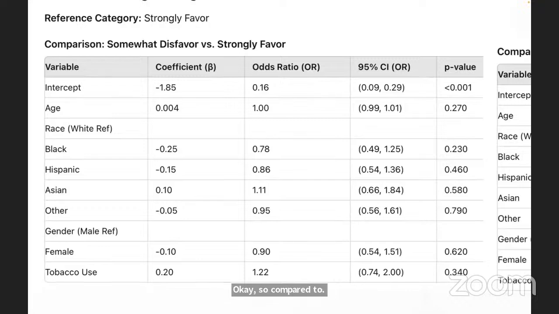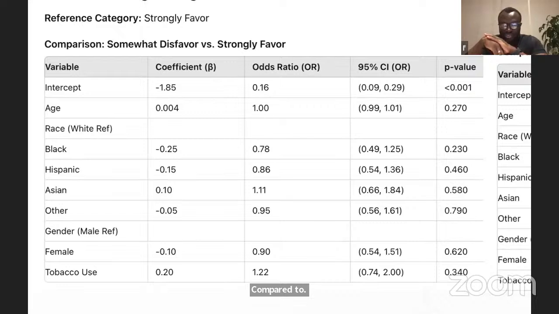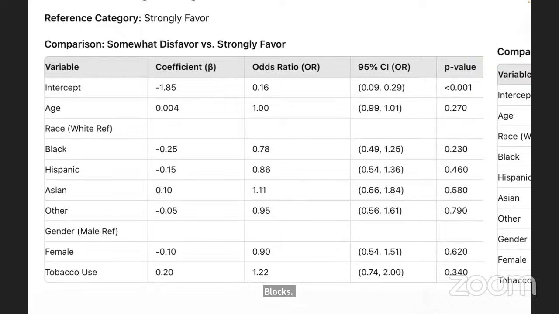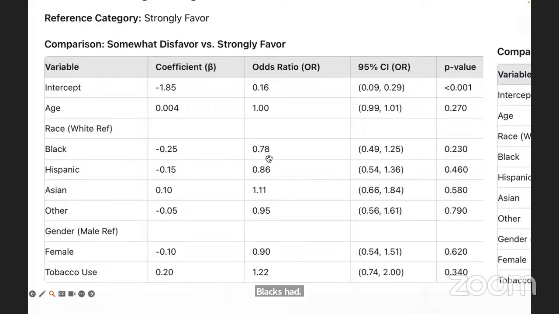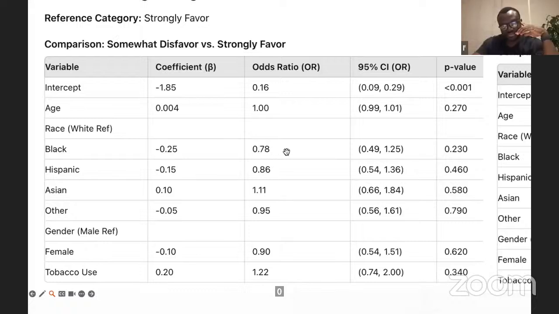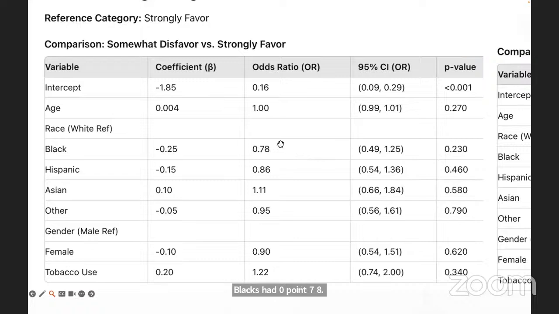Should we do it together? Yes, please. Okay. So compared to whites, right? Blacks had 0.78 times lower odds. Okay. So blacks had 0.78 times odds of reporting strongly favored.